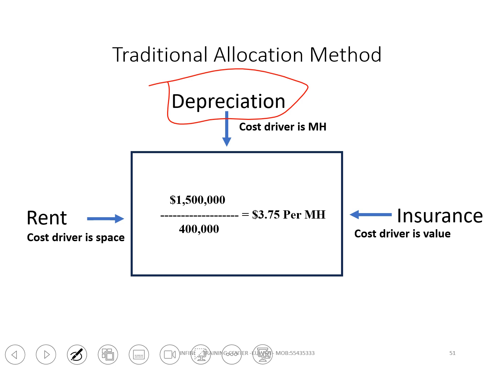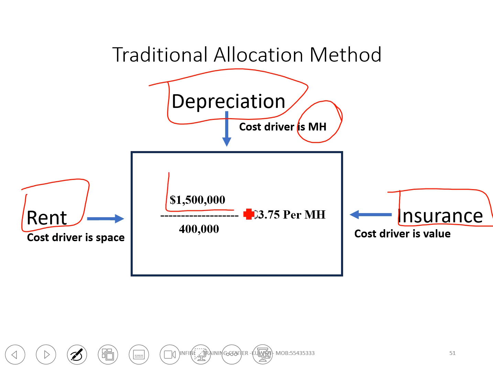Depreciation normally increases or decreases based on the machine hours involved in production, right? Or you have insurance cost, where the cost driver is the value of each product. Maybe you have rent, and the cost driver for rent is the space or square feet utilized by each product. But in the traditional method we are not considering that.